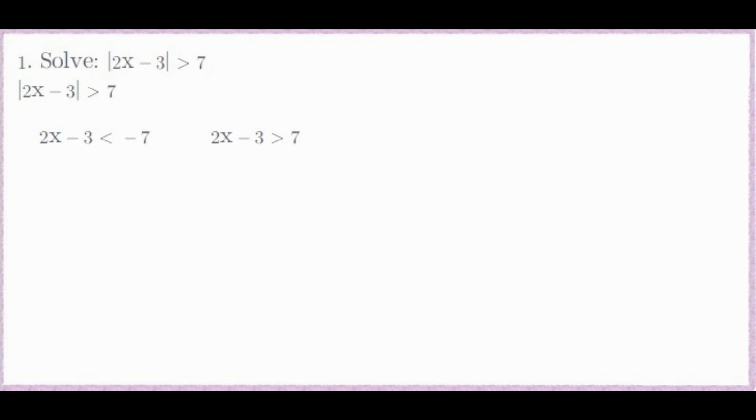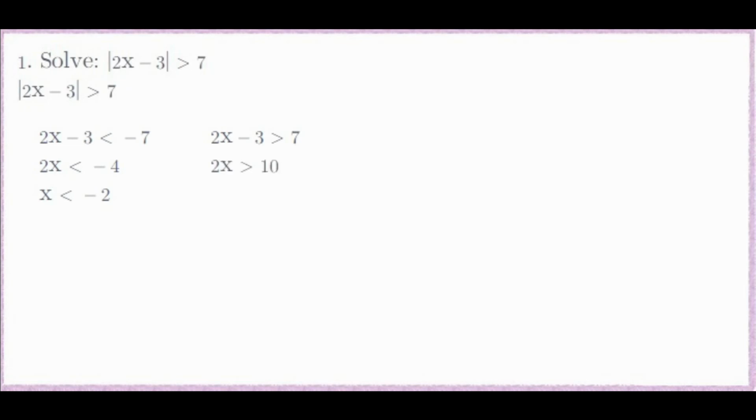So in this case, we're going to have 2x minus 3 is less than negative 7, or 2x minus 3 is greater than 7. Working on the 2x minus 3 is less than negative 7, we get 2x is less than negative 4, so x is less than negative 2.